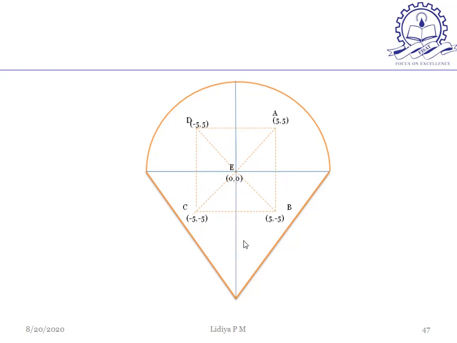Then the perpendicular bisector of CB, then of AE, then of this line, that is BE, BD, then CE, then this line. So this much area is under A, this much area is under D, this much area is under B, this much under C, and this is the area under E.